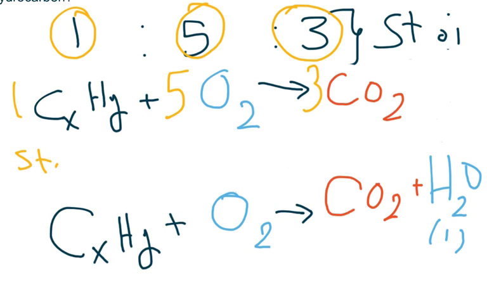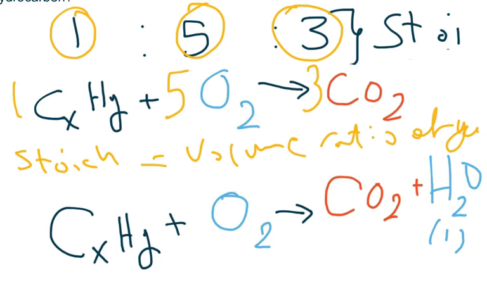The stoichiometric ratio is equal to the volume ratio of gases, if they are all measured at the same space. Okay?